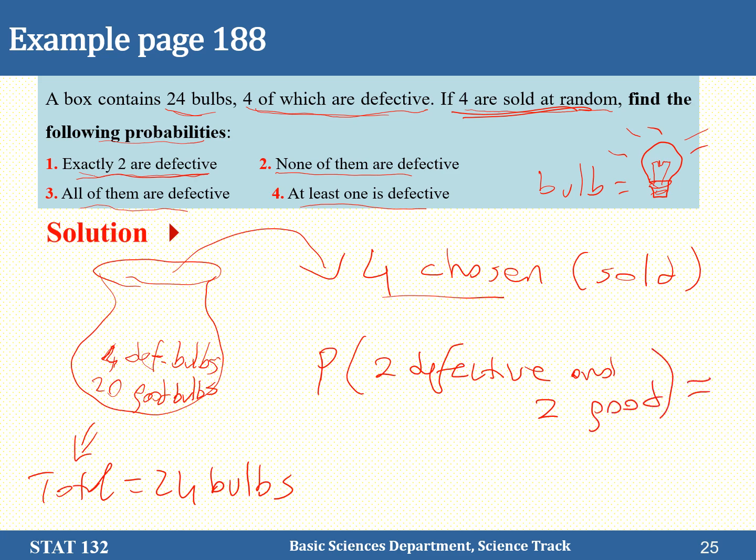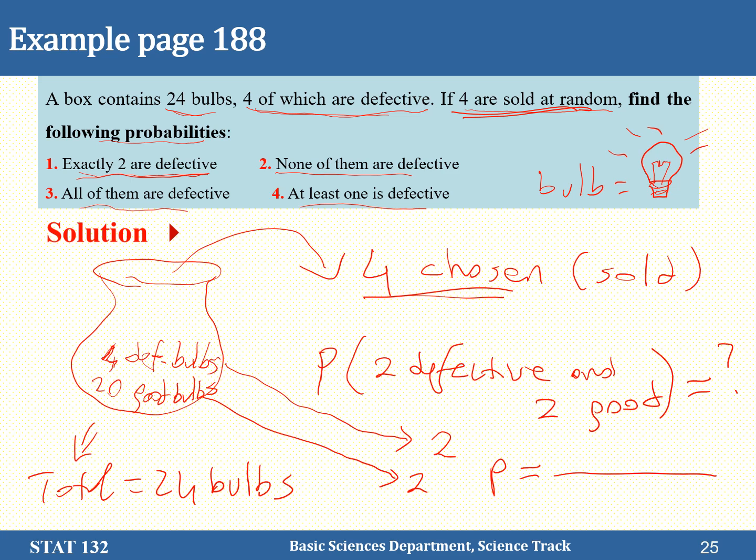So what's the probability that if we choose 4, 2 of them are defective and 2 of them are good? Okay, we can answer this question. Here we choose 2 defective from 4, and we choose the 2 good from the good ones, 20. So the probability, if we use the hypergeometric distribution, we can use it here.